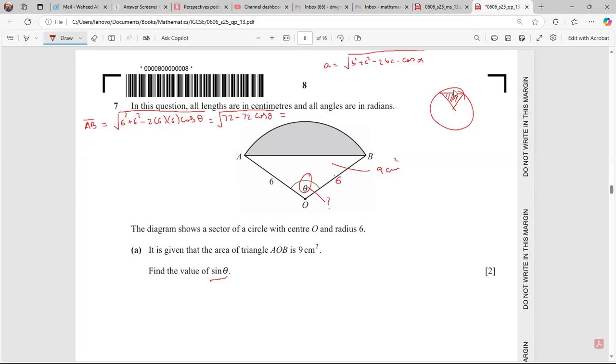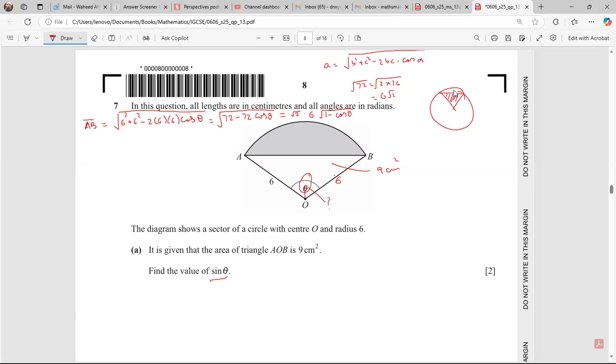I have small space, that's why I'm writing it like this: 72 can be written as 2 times 36, so its square root becomes 6 root 2 times the square root of 1 minus cos theta. Is it clear? So this is AB.